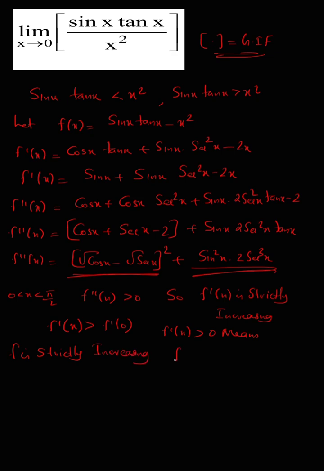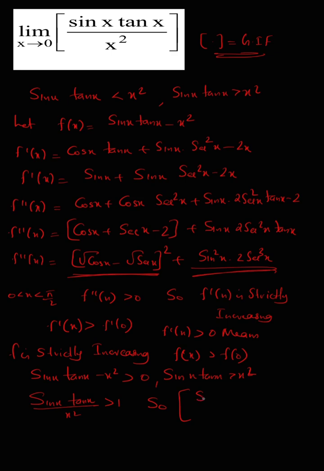If f is strictly increasing, then f of x or f of 0, which is larger? F of x is larger. Now what is f of x? Sin x tan x minus x square. What is f of 0? 0. So what we got? Sin x tan x is greater than x square. So sin x tan x divided by x square is greater than 1.